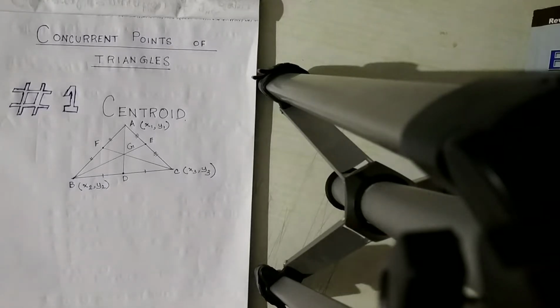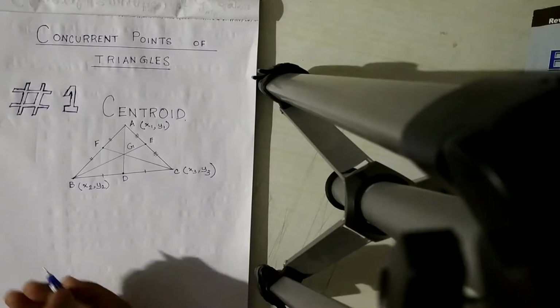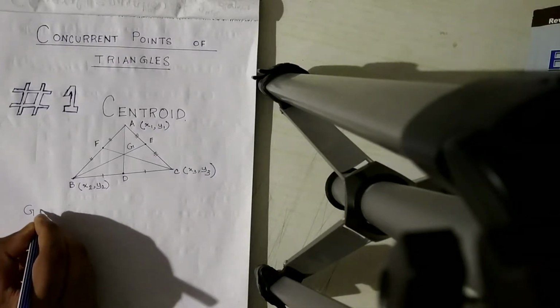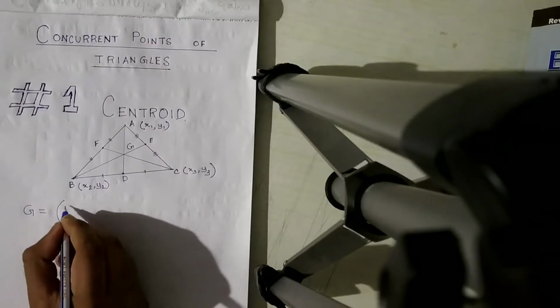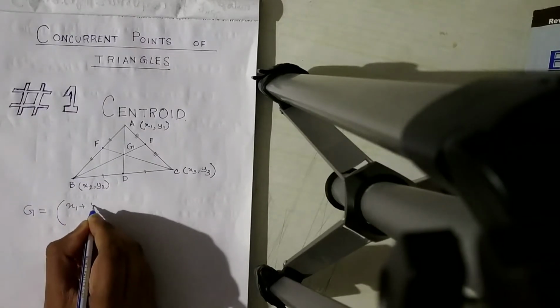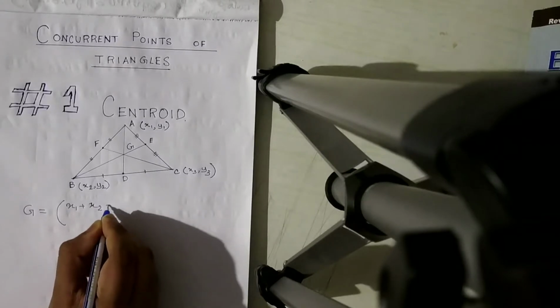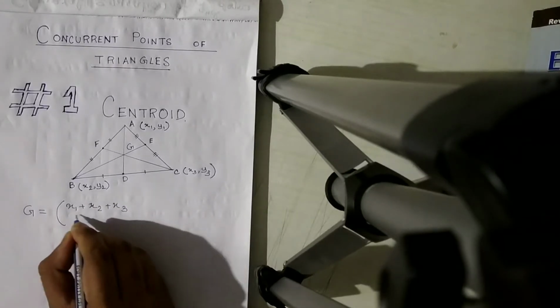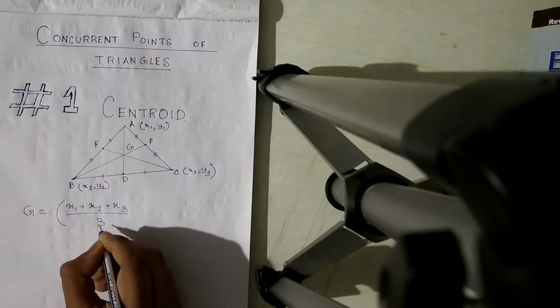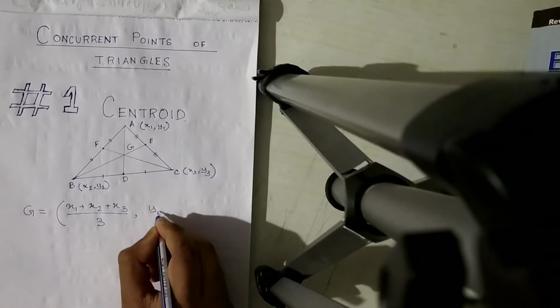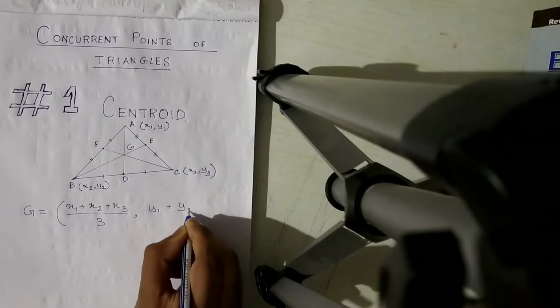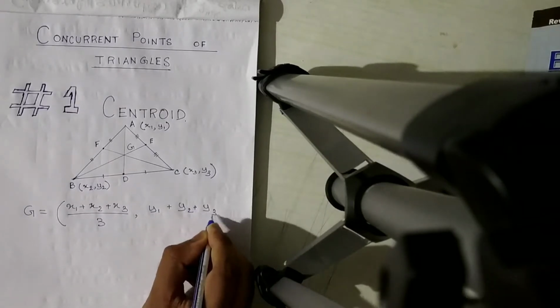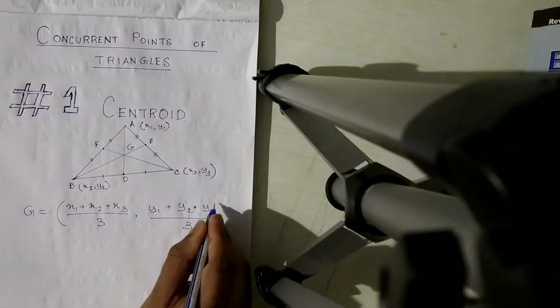Now, as it is difficult to find out the centroid graphically every time, there is a formula: the coordinates of G are equal to (x1 plus x2 plus x3) by 3, comma, (y1 plus y2 plus y3) by 3.